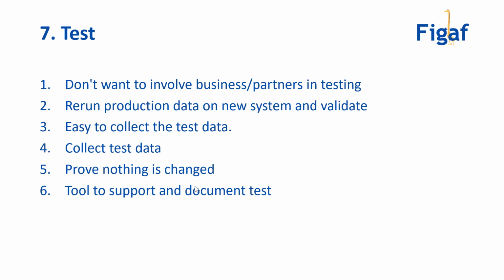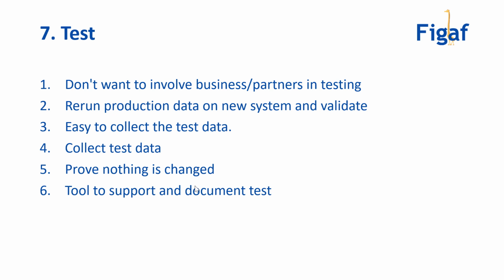The best way I've seen, and that's the approach we have taken with the Figaf tools, is to take production data and rerun it on your test system. Live data is in most cases best, because that is where the users are not thinking about making something easy and simple, but are focusing on saying, I want a purchase order with these 3 different product items and categories, as I normally would.